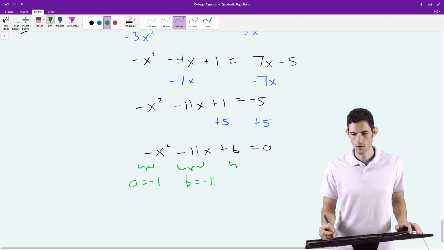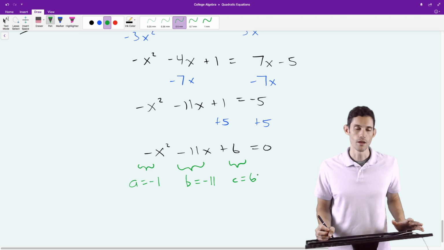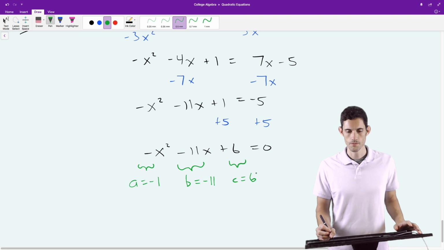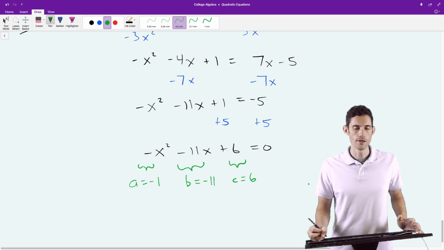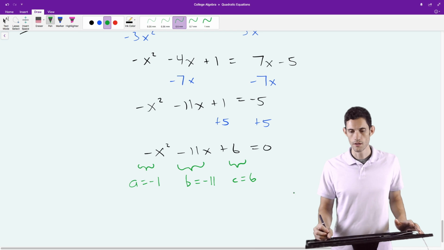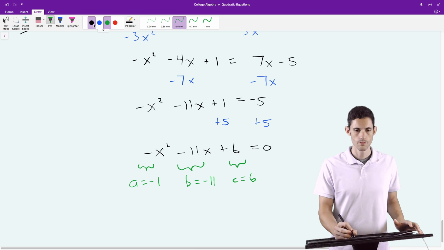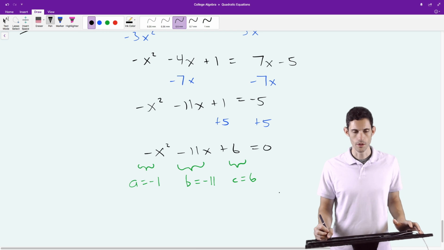And I've got this number, which is my constant. It's multiplying x to the power 0, which is 1. And so now I've got a, b, and c, and I can just plug them into the quadratic formula, and I'll be done.